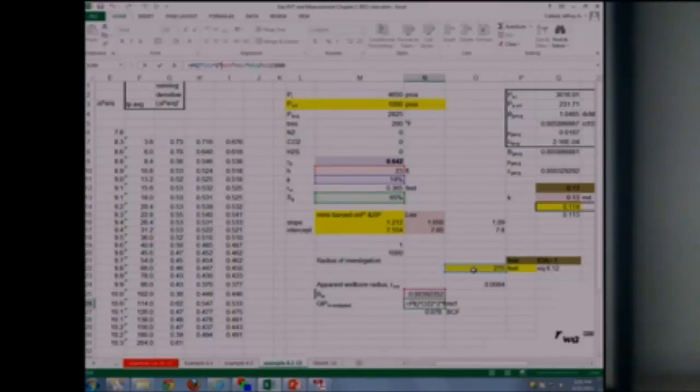Divided by B sub G, that gives me how much gas I have at the surface. There's 1,000 there. You divide it by 1,000. Oh, yeah, and then I divide it by 1,000 to get MCF.